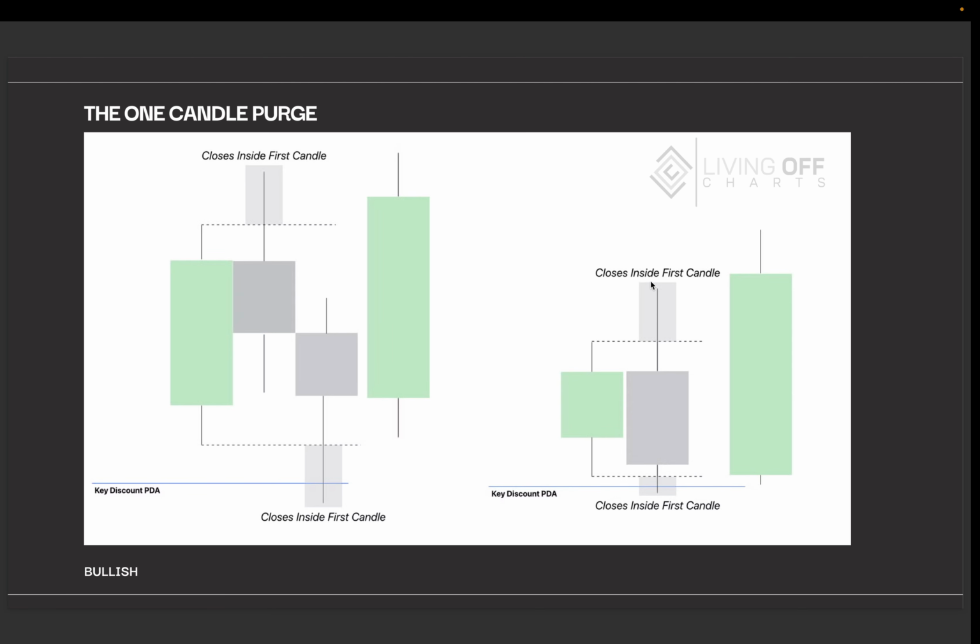When you see this, especially with one candle that runs both the high and low, and we close within the first candle, this is an extremely oversold signature, and that's why you have such a large price swing higher here.